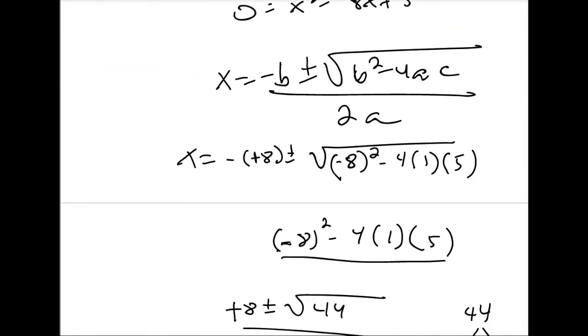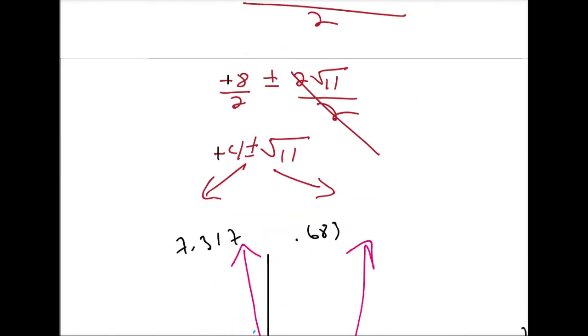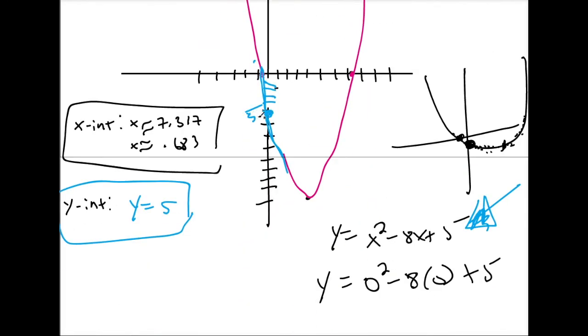I'm confused. This is x squared minus 8x plus 5. Does this look like plus 5? Positive 5 on the y-axis would be right here. Oh, wait, no, that's -5. What just happened?